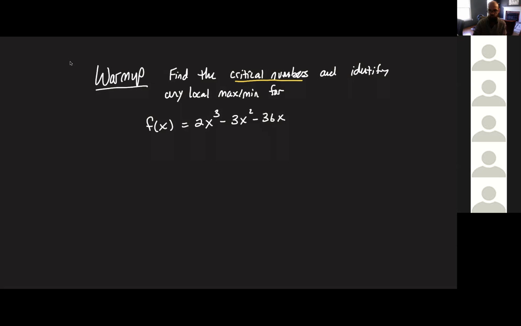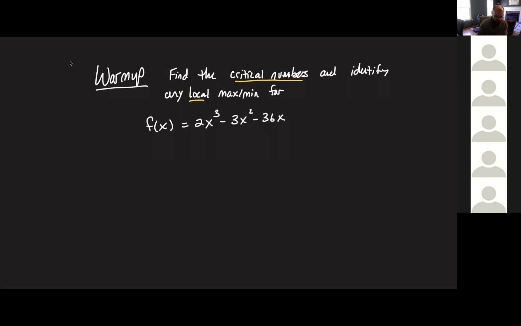Those are the values we're going to want to check to figure out, are they local maxes or mins. Now, this word local means that it's only bigger or smaller than things that are close to it, but there could be a larger value somewhere else in the graph, somewhere in the domain. And if we wanted the absolute biggest value, we would use that word absolute or global.